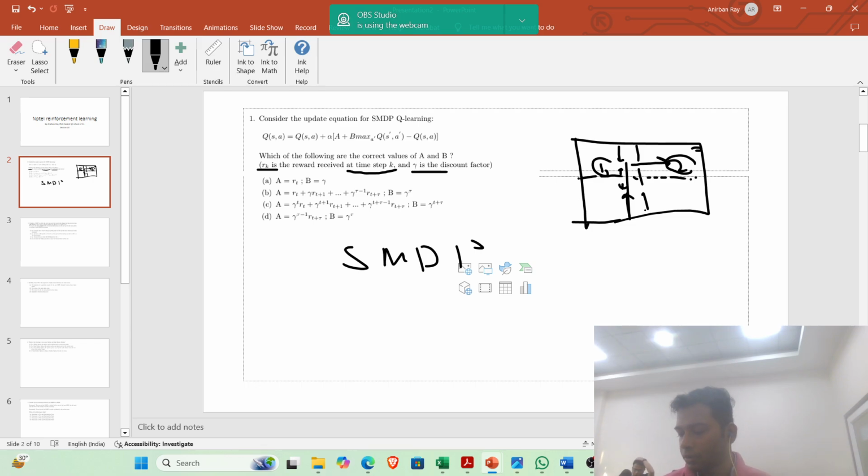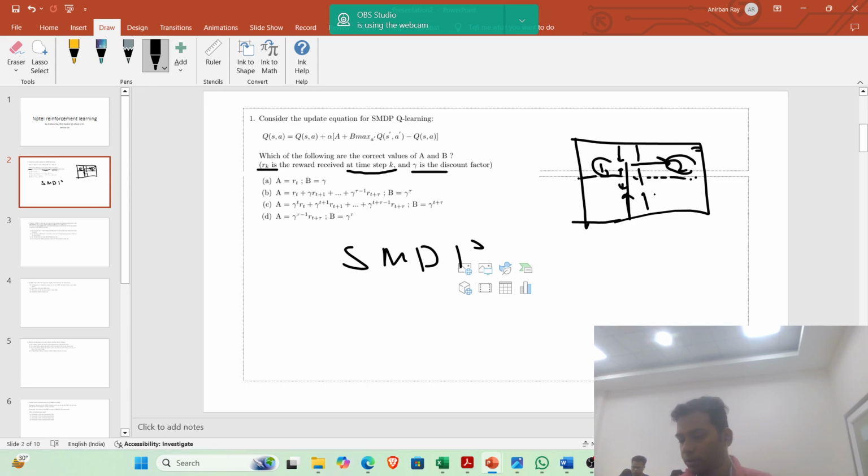So the first one is the recursive way. You're just looking at going to that second compartment without looking at the end goal. The second way is the hierarchical way, because you're also looking at the end goal while taking the action in the first block.